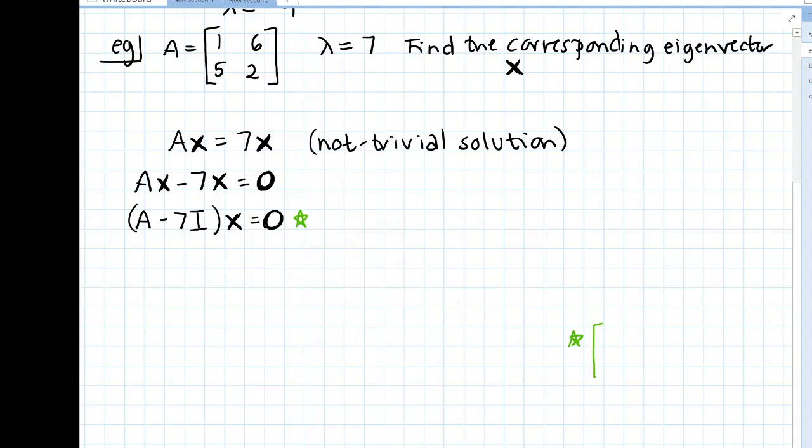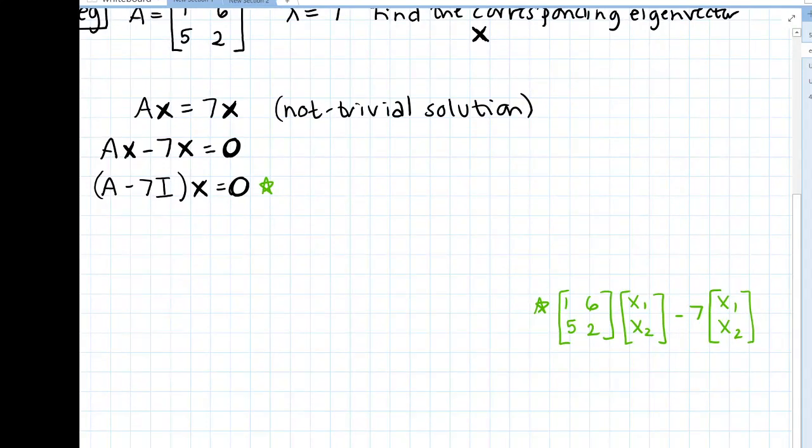So that means we have the matrix 1, 6, 5, 2 times the vector x1, x2 minus the number 7 times that vector x1, x2. So what does it mean to multiply a number with a vector? Well, that just means we're doing 7 times x1 and 7 times x2, right? You can distribute that 7 in there.